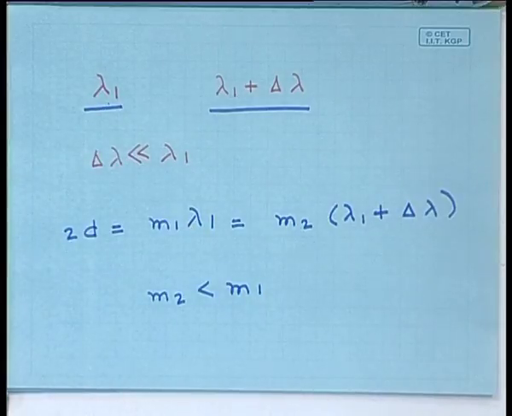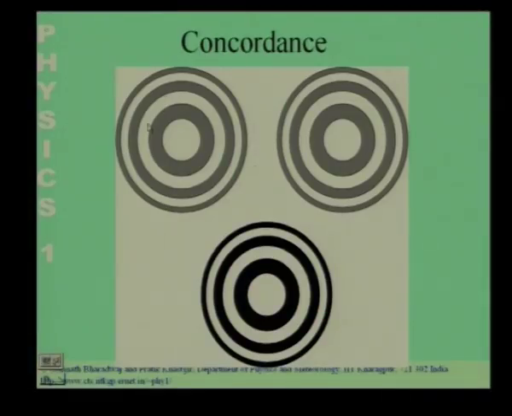So, if the fringe patterns of both the wavelengths coincide, this situation is referred to as concordance. So, the picture over here shows us a situation where the two fringe patterns are in concordance, but this is not the situation that we had discussed.